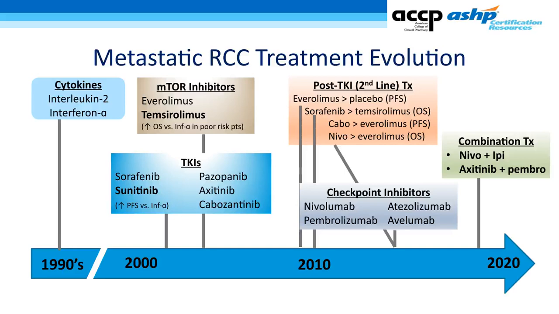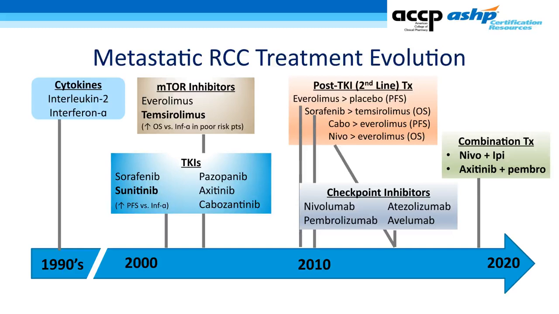Then we got some of the next generation multi-kinase TKIs: pazopanib, axitinib, cabozantinib. And then in the last decade, we saw the arrival of the checkpoint inhibitors: nivolumab, pembrolizumab, atezolizumab, and avelumab. Before the immune checkpoint inhibitors, there was a thought that if we treated people with sunitinib in the first-line setting, following progression it would be better to use a different class.